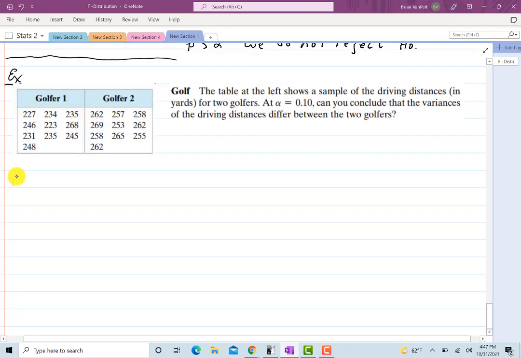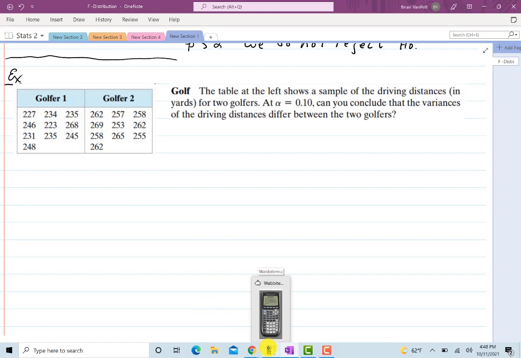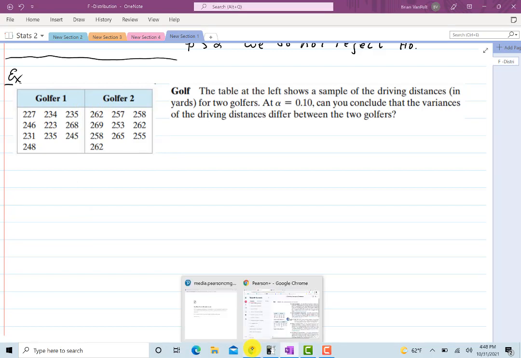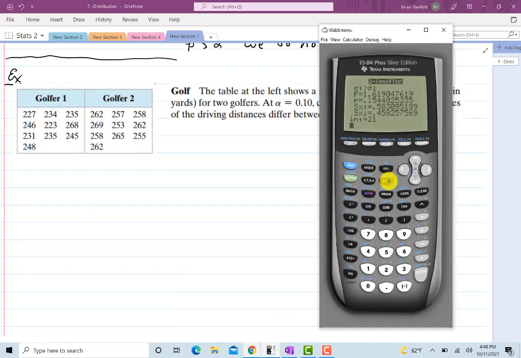All right, here we have an example that will require us to enter data. So I am going to put the data into the calculator just as we see there, and I'm going to use L1 for golfer 1 and L2 for golfer 2. So let me go ahead and get that data in there. Grab my calculator and go to Stat and Edit as normal.